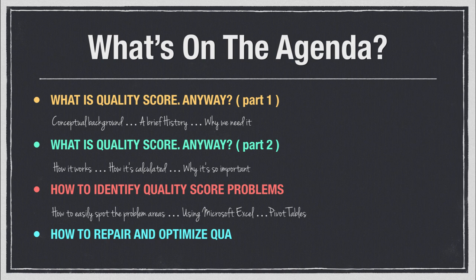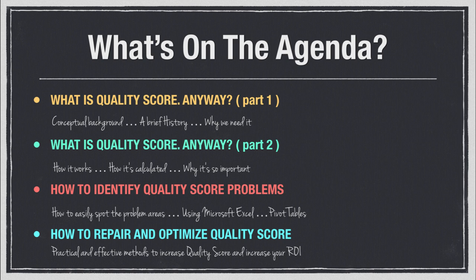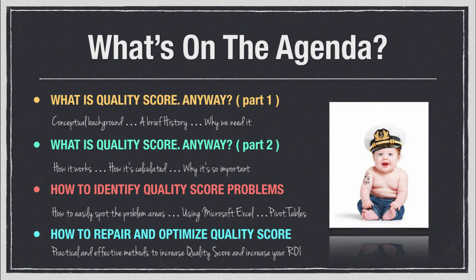And finally, we'll learn exactly what you can do to fix low quality scores and make sure they continue to improve over time. At the very end, we'll go over some popular quality score myths and rumors and see which ones are actually true and which ones are total hogwash. It may seem like a lot of material, but all the essential elements are really quite simple. And once you have a handle on your quality score, you and your account will be one very happy camper indeed.